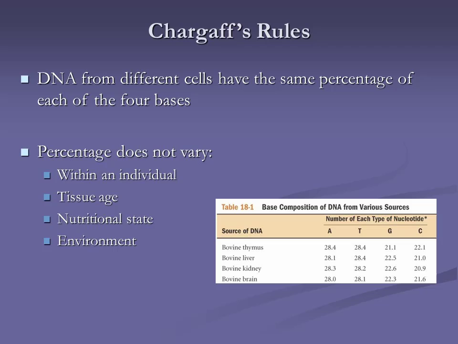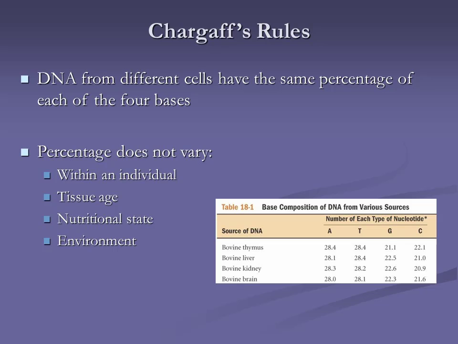Now, there was this guy named Chargaff, and early on, as people were looking at biochemical molecules, trying to decipher what is this inheritable information and where does it come from, they began to look at DNA. Chargaff said, what's very interesting is that I find very similar percentages of these nucleotides in cells.